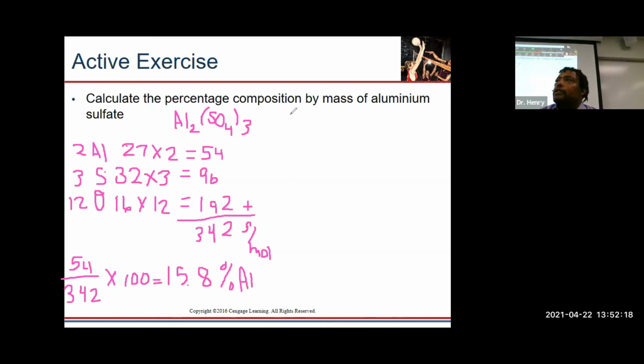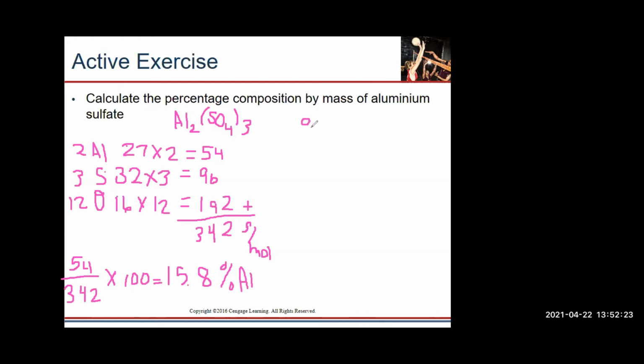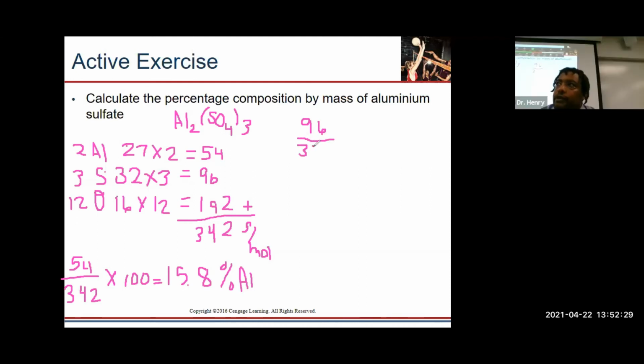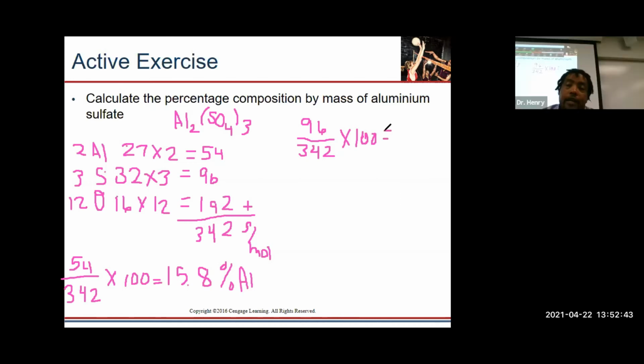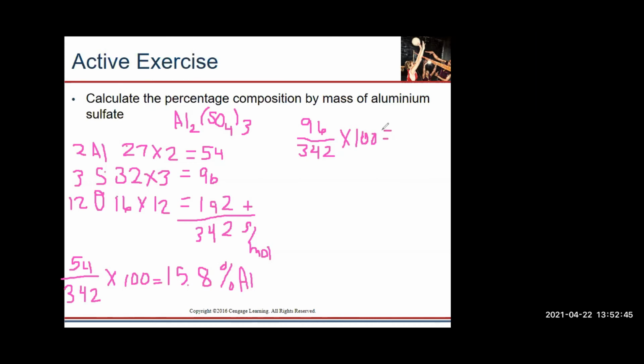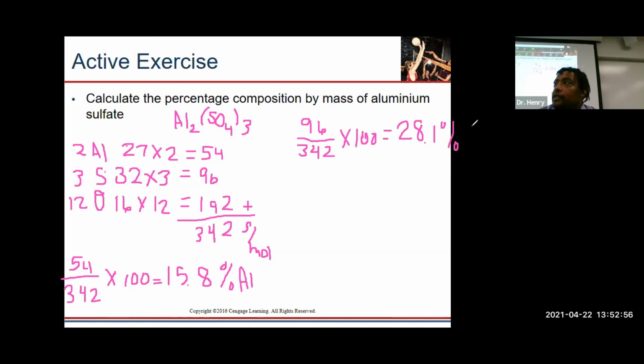What about the sulfur? 96 over 342 times 100 equals 28.1, and that's sulfur.